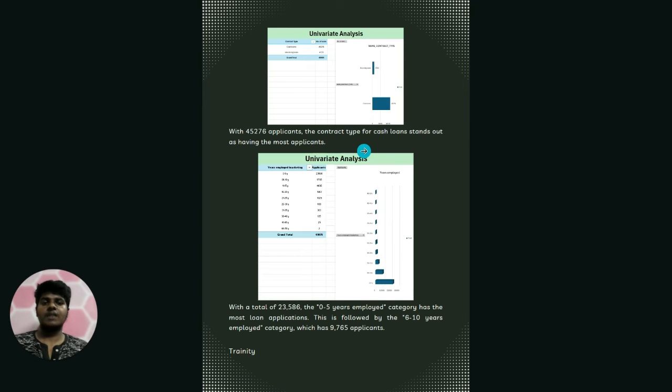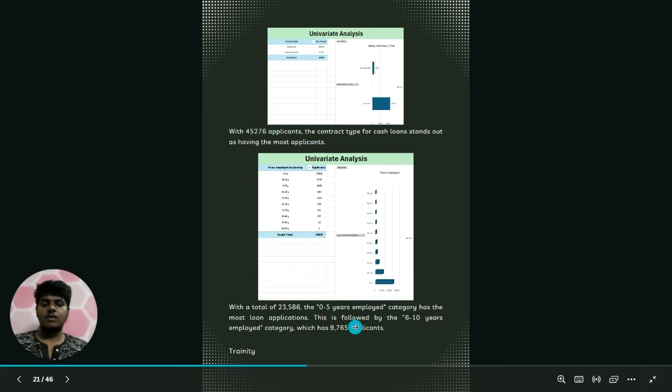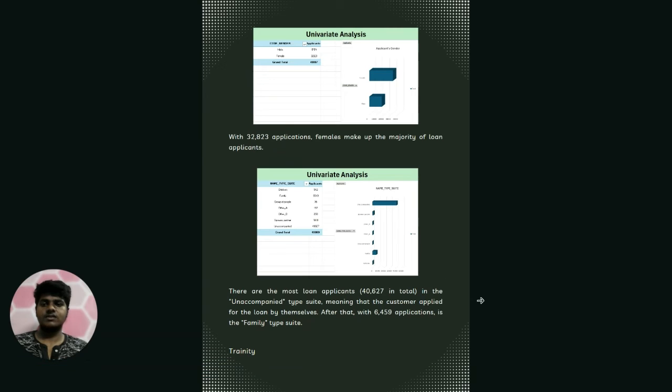The contract type cash loan has the highest applicants, that is 45,276. When it comes to the years employed category, 0 to 5 years employed has the highest number of applicants, followed by the 6 to 10 years employed clients. Females are the majority of loan applicants, that is 32,823.